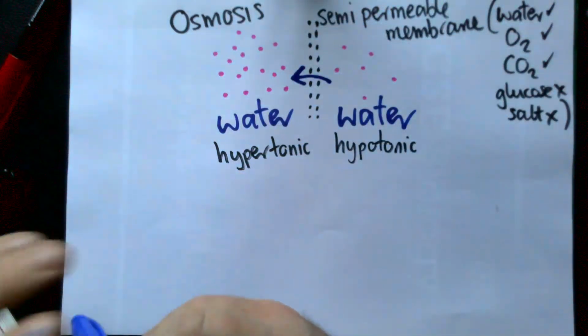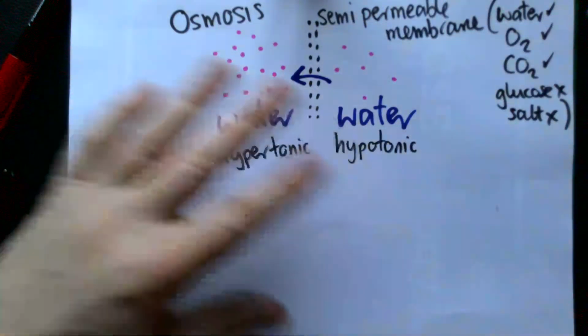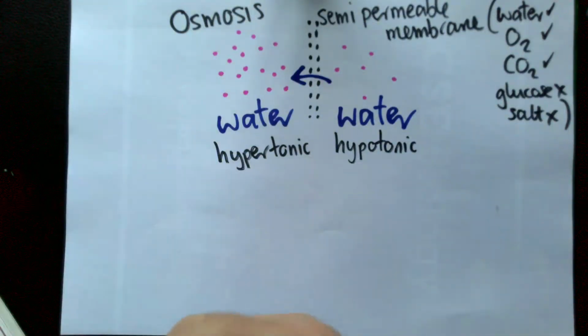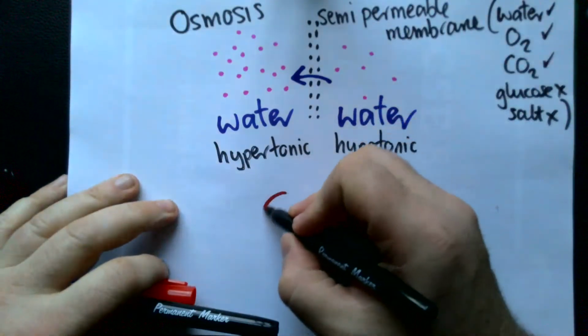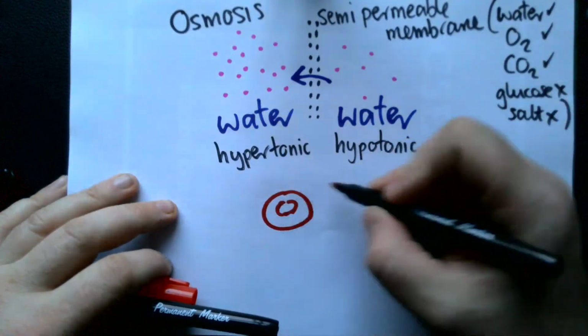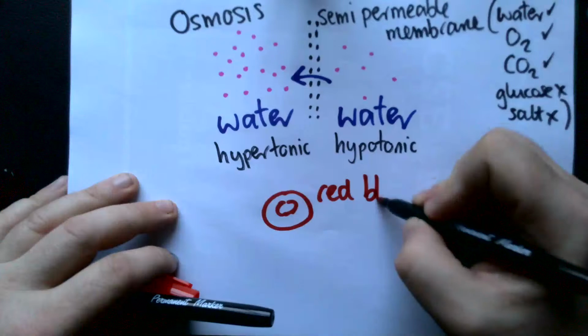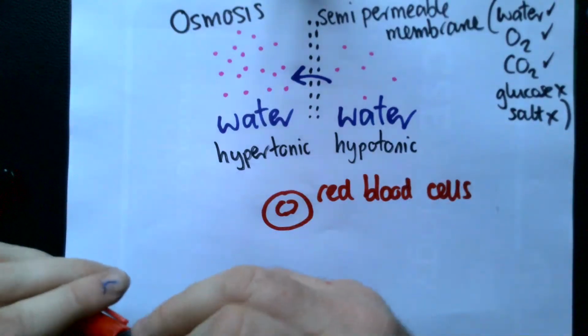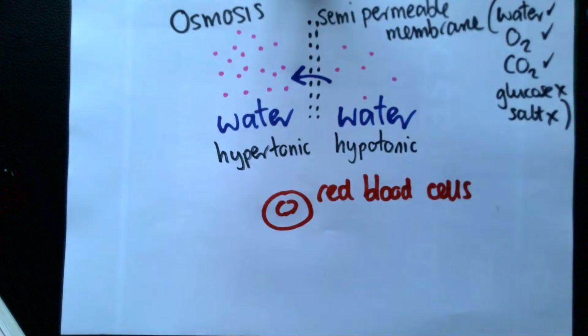Okay. Now, if we think about this as not just a diagram, but what about an actual cell? So if we think about these cells here, okay, these are our red blood cells. Now, I want to imagine that we have quite a lot of salts or even quite a lot of sugar in our blood.